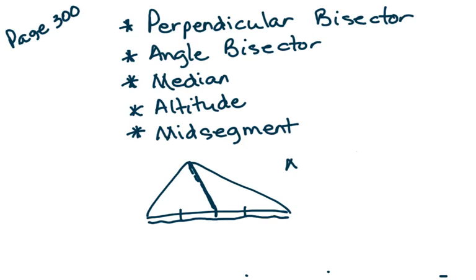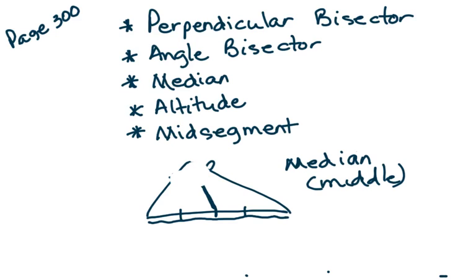This is called the median. It just median, middle, if that helps you. But it just cuts it in half. And it starts at the vertex of one of the angles. So I could have, let's just say, a median on this side as well.